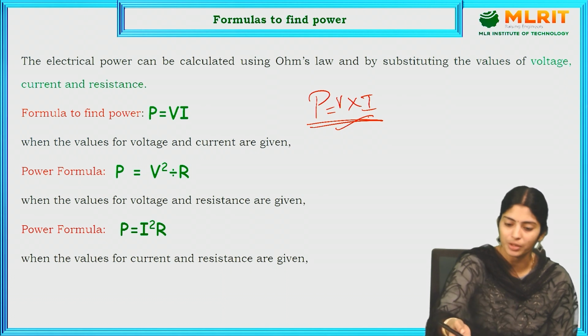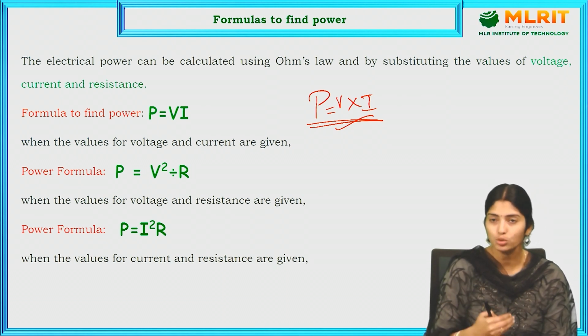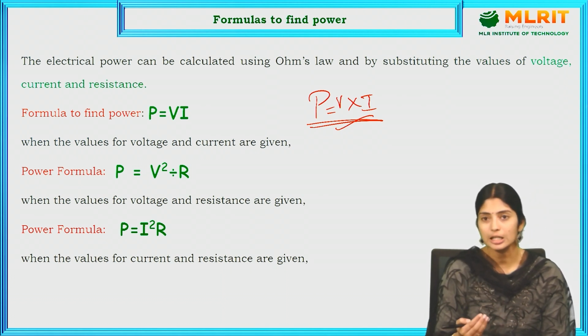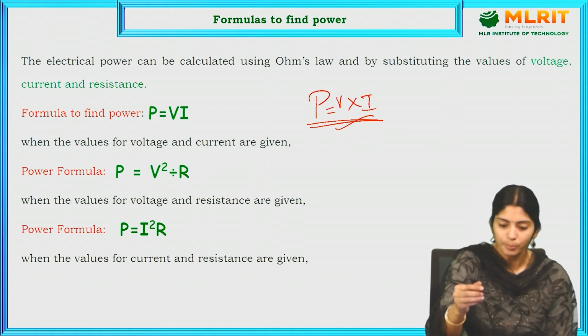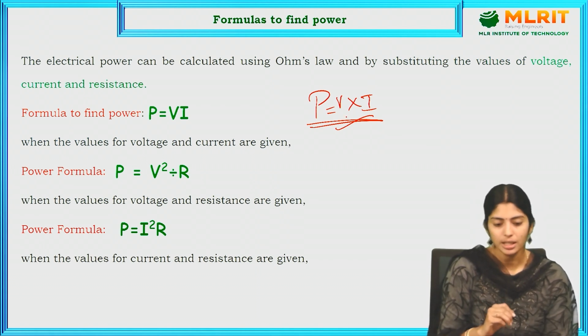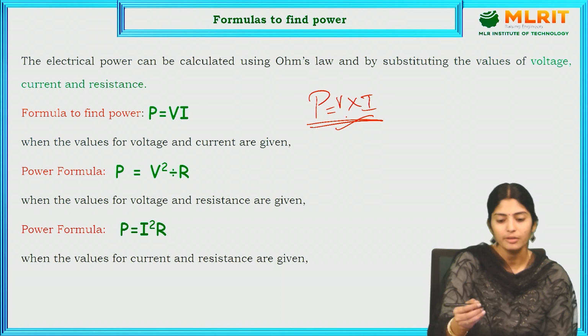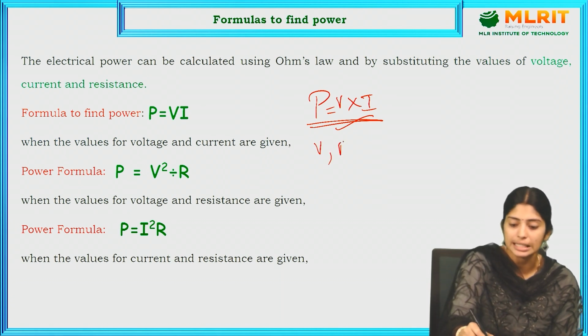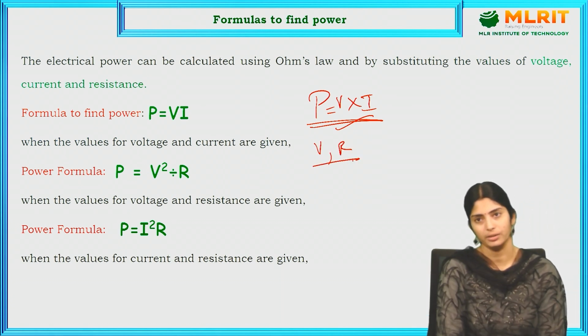So from this formula, we are going to derive two more formulas for the easy solving of problems, also based upon Ohm's law only. Now let us see the value of power when the value of voltage and resistance is given.